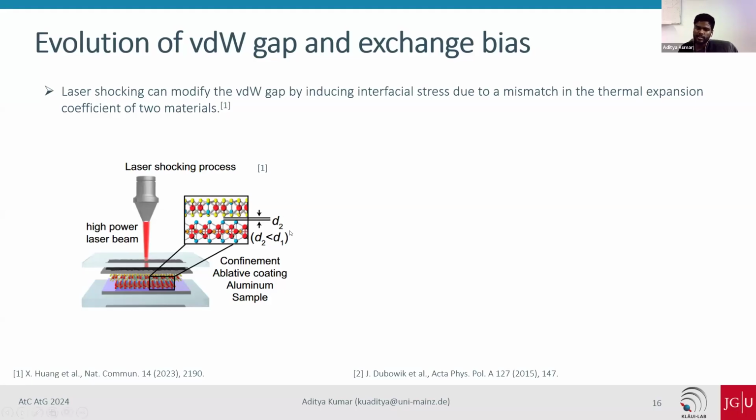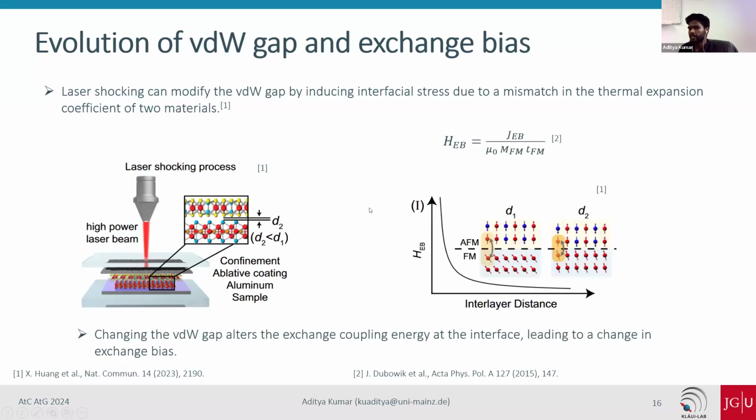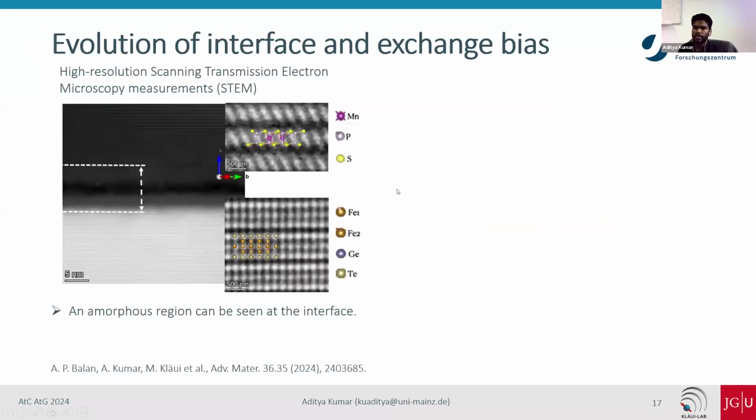And this interfacial stress would change the van der Waals gap. Once you change the van der Waals gap, this changes the exchange coupling energy, and this could eventually change the exchange bias. So is this something that could also be happening in our system? To check that, we collaborated with Forschungszentrum Jülich, and we did high resolution scanning transmission electron microscopy.